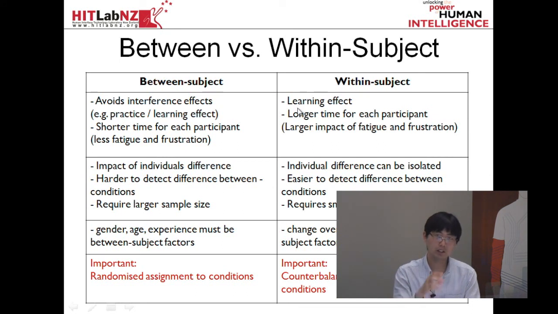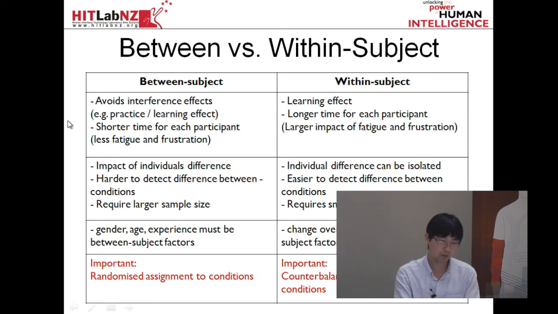And since they are doing the same test with different interfaces, they might have a learning effect, which means they might learn how to do the task. For the first condition, they might not have been familiar with the task, but as you try out different conditions, they learn how to do the task and might perform better in the later ones. So that's a side effect of letting them try different conditions together.